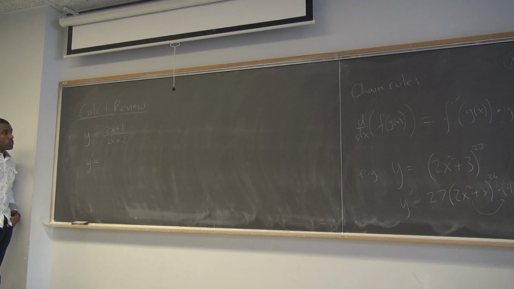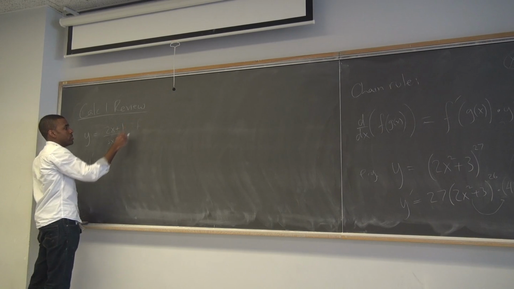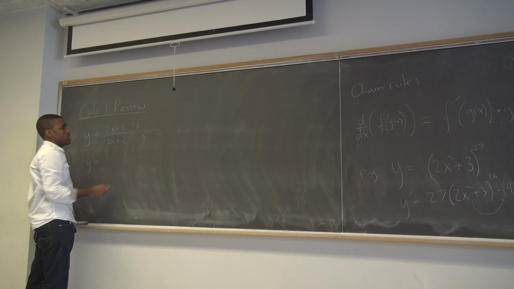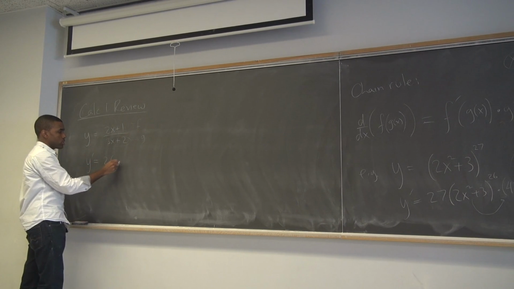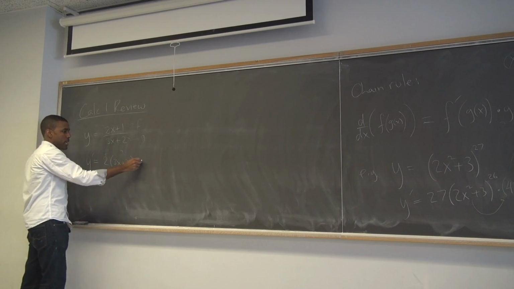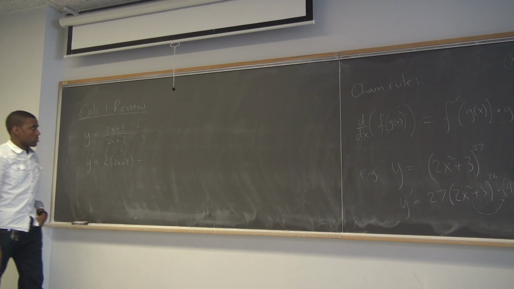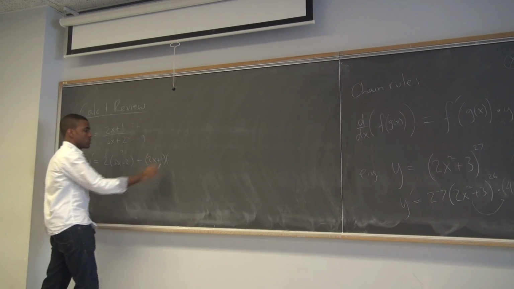So this here is like the f, this here is like the g. So you have the derivative of f, which is 2, times the g. This is like your f prime, this is your g, minus 2x plus 9 times 3.